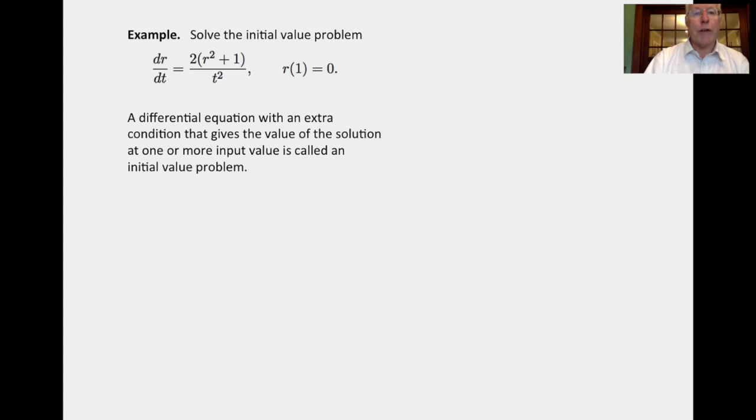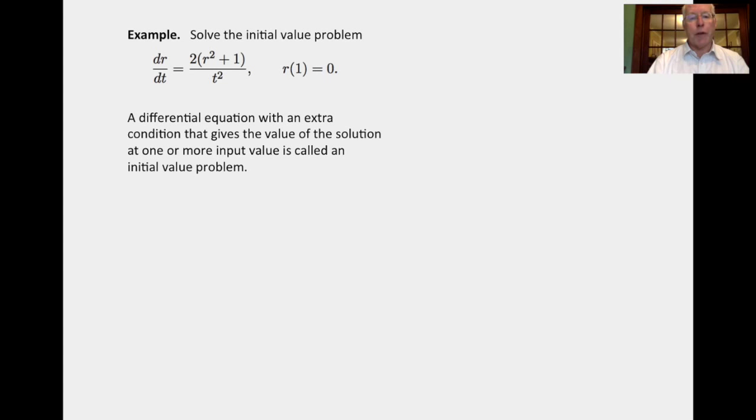So we'll take a look at one example of this. Let's solve the initial value problem dr/dt equals 2 times the quantity r squared plus 1, divided by t squared, with the condition r of 1 equals 0.